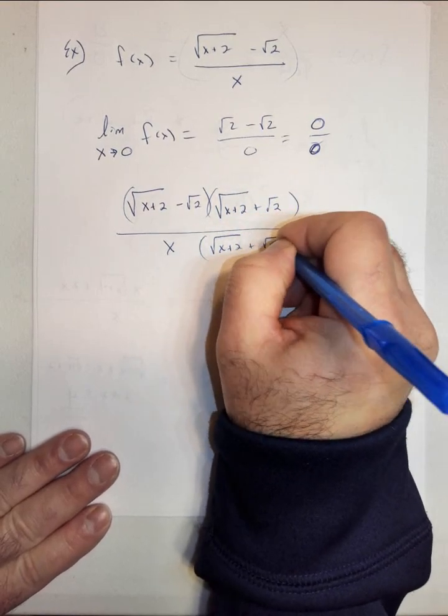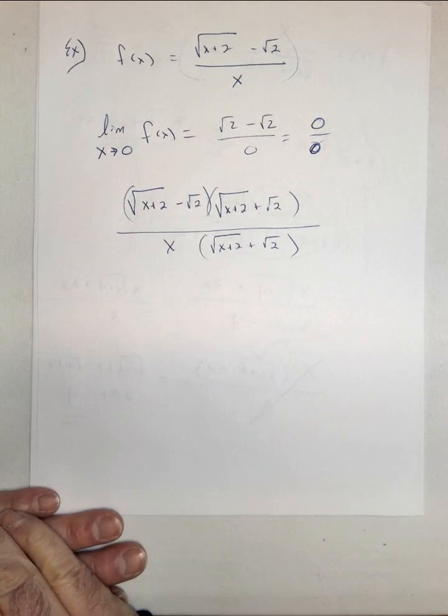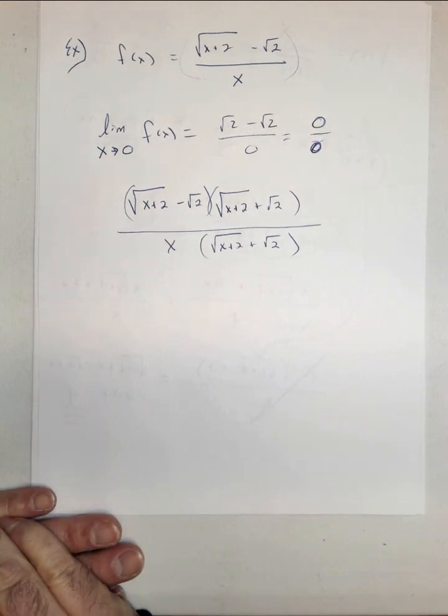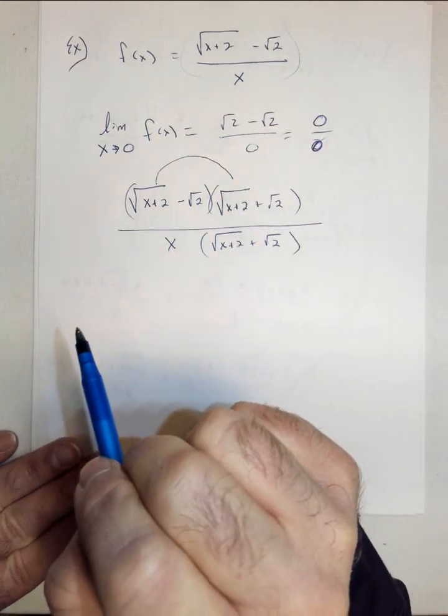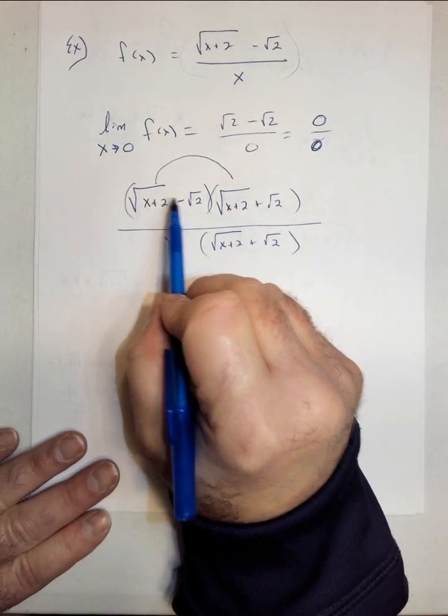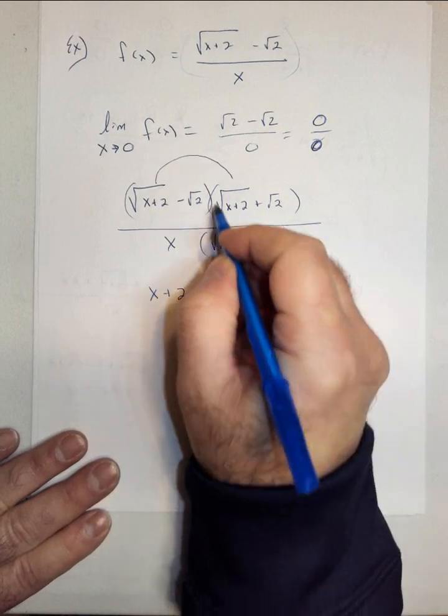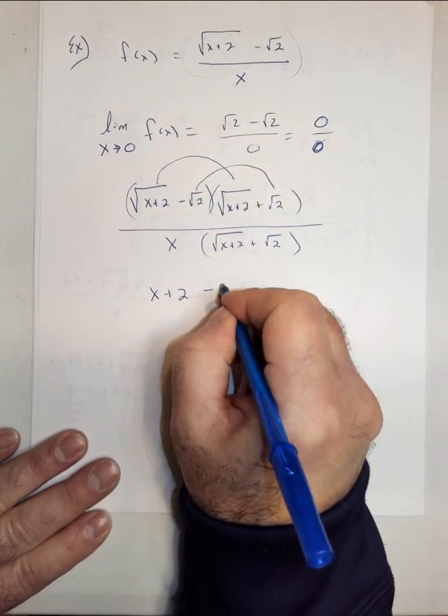So again, multiplying by 1 so as not to change the value of the fraction. And when we FOIL the top, remember, because they're conjugates, there is no OI, just the first and the last.